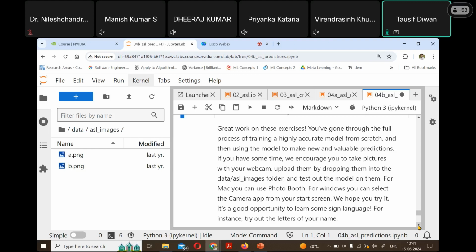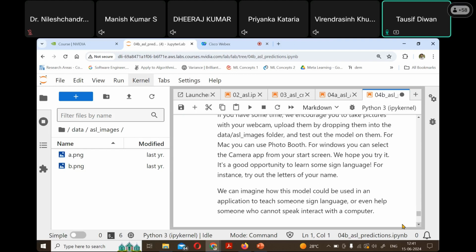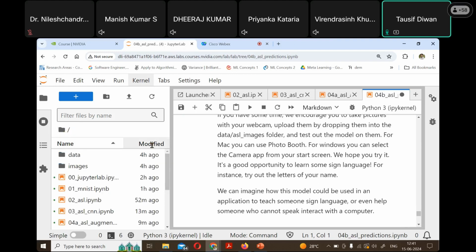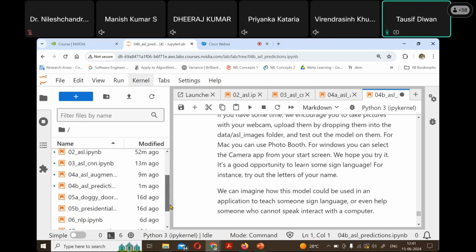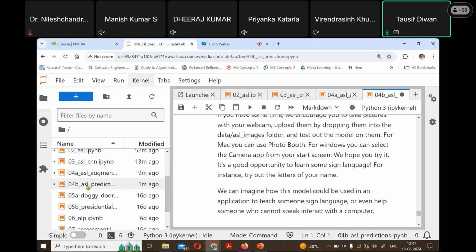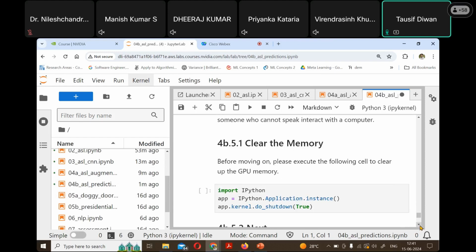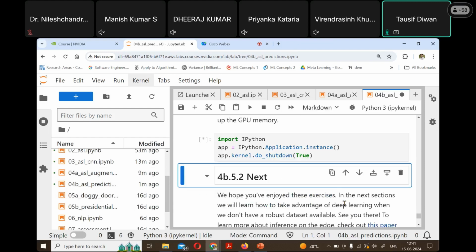Everything should be taken care of. So the model is there, and we need to finalize or fine-tune the entire pipeline. This is all about the fourth one, augmentation. I hope everything is clear over here. We need to clear the GPU memory.